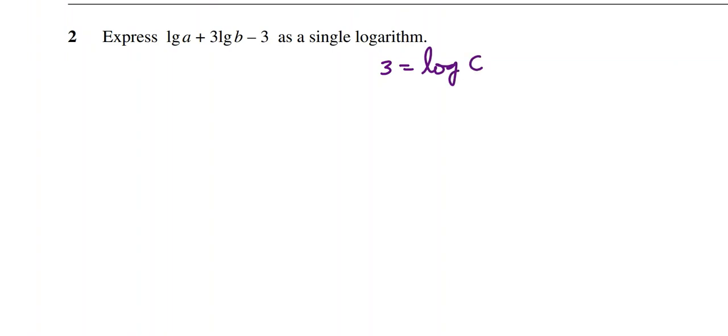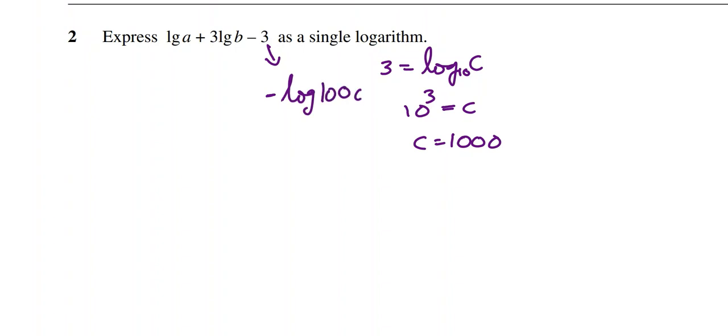So when we have log and there is no base written, that means the base is 10. So we can write c as 10 to the power 3. C is 1000. So basically this one can be written as minus log 1000. And there are two already with us, so let's write them as they are.